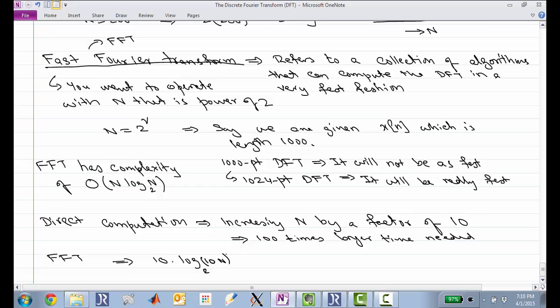And in general, you can say that you have increased the length by a factor of 10, you will probably have to wait by a factor of, let's say, 12. You can do the exact calculations to find out what's the factor that you will have to wait. But it will be nowhere near 100.